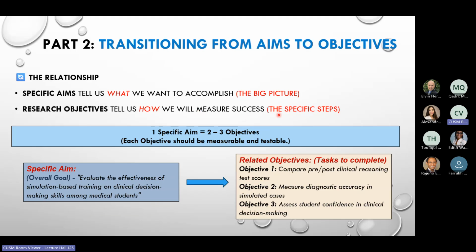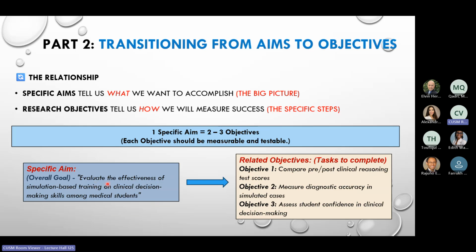So these are actually statements dealing with the specific steps in accomplishing our research goals. Typically, the formula for a quantity of objective statements is, if you have one specific aim, you should be able to write 2, maybe 3 research objectives to accomplish that specific aim statement. So I want you to think about your specific aim as being the overall goal that you want to target.